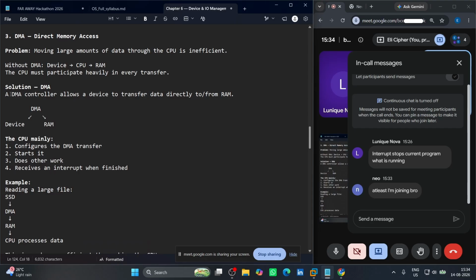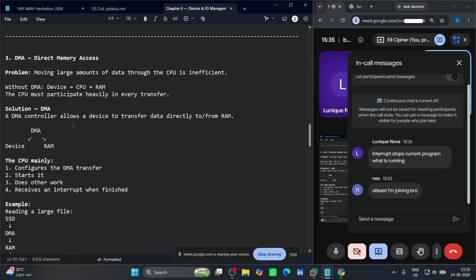What is it? A DMA controller allows a device to transfer data directly to or from RAM. Instead of the CPU sitting in the middle of the cycle, the DMA takes all the data which needs to be transferred from multiple locations. It just acts like, for example, a teacher in your school, right? Your class teacher.